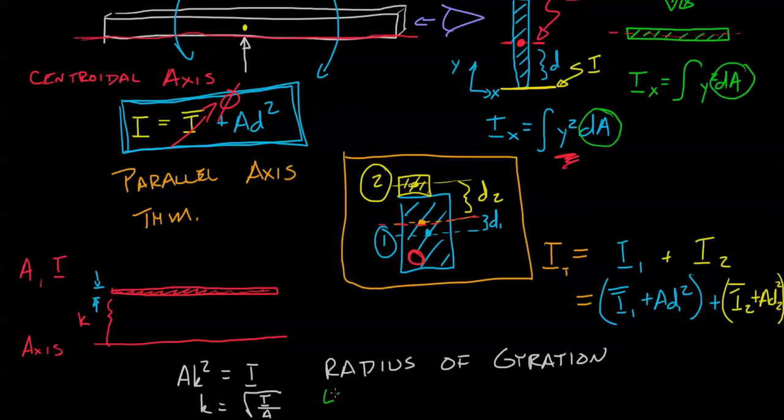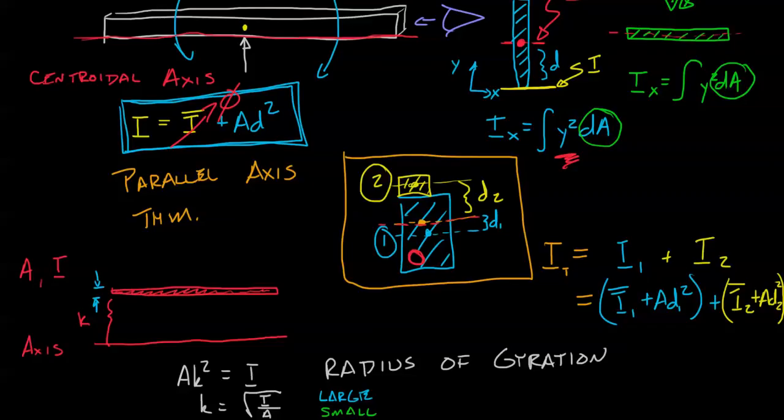So the blue one would be large and the green one would be small. And you can see how you could take different shapes, different types of I-beams, and by comparing the radius of gyration, it gives you a good feel of how the moment of inertia compares with the area.